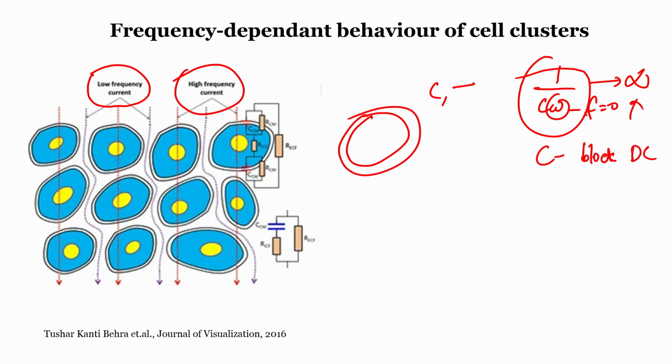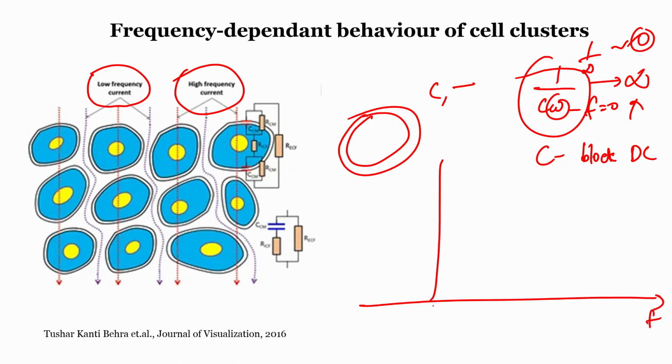At very high frequency, the impedance becomes close to 1 by infinity, which is roughly 0, a very small value, right. So, what that means is, let us say I take the spectrum, this is very high frequency, this is low frequency, this is DC, 0 hertz.